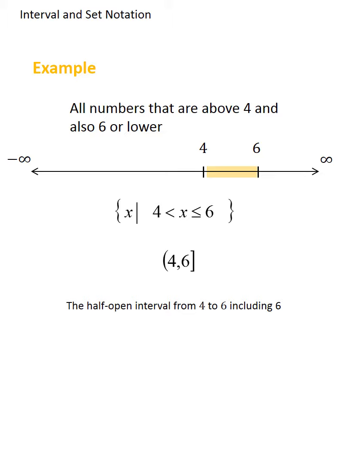A half-open interval includes one of its two numerical endpoints. So, notice the parentheses at the 4 represents that 4 is not a member of this set. The bracket at the 6 represents that 6 is a member of this set.